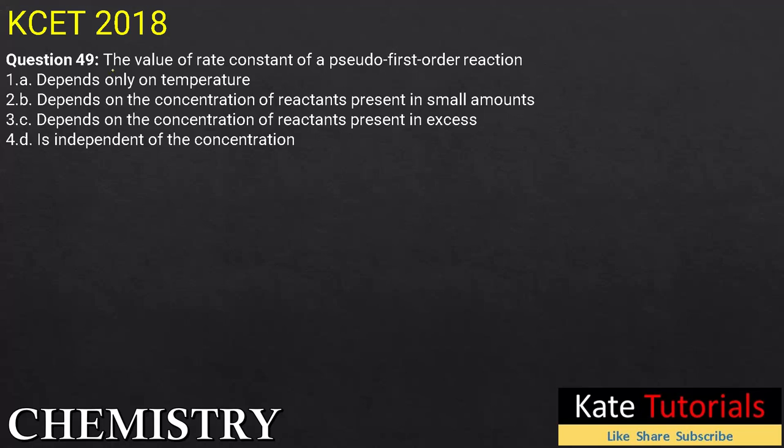So coming to question number 49: the value of the rate constant of a pseudo first order reaction. Pseudo first order reaction means here I have reactants A and B. A will be in a little amount, B will be in excess. So that if product is formed, the rate doesn't depend on this excess, only on the little amount.